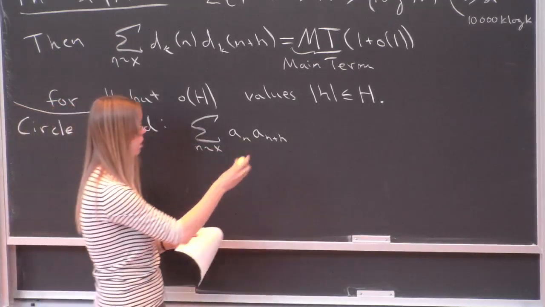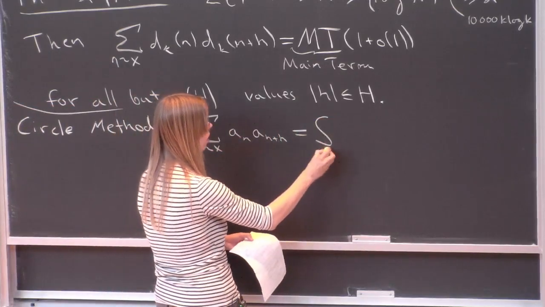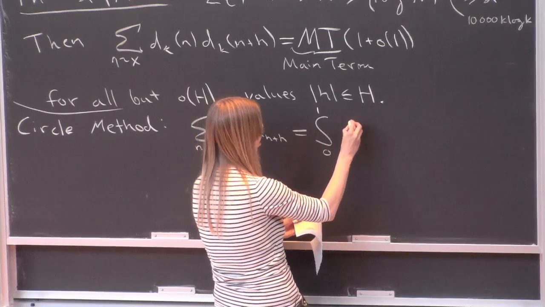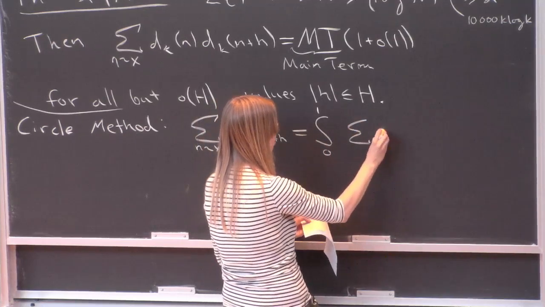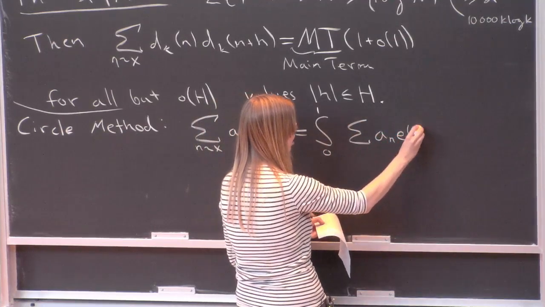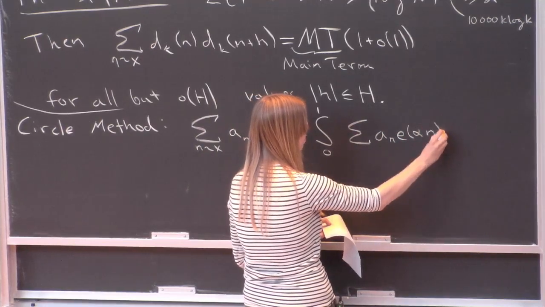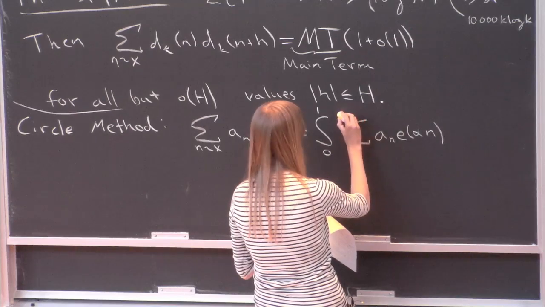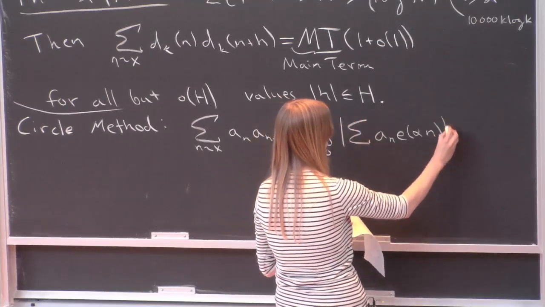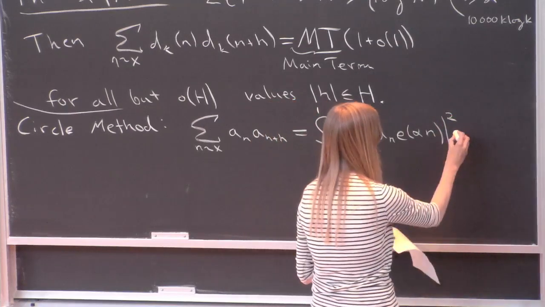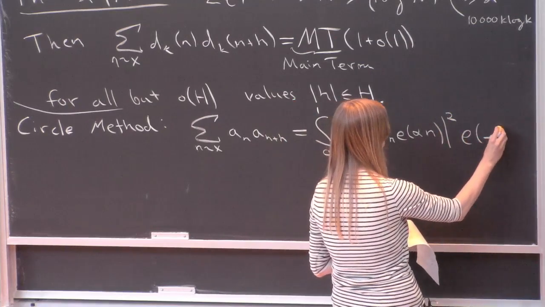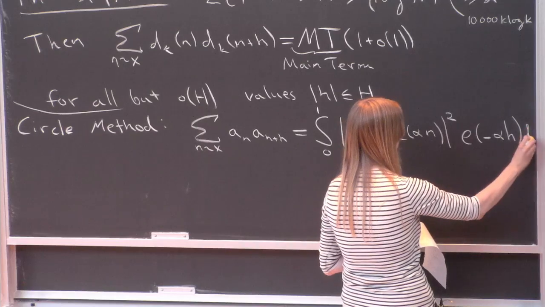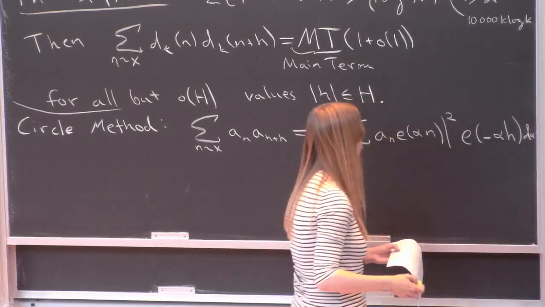And by the circle method, we can write this as the integral from 0 to 1 of the absolute value of the sum of a_n e(alpha n), squared, times e(minus alpha h) d alpha.